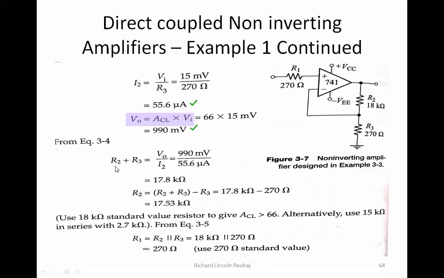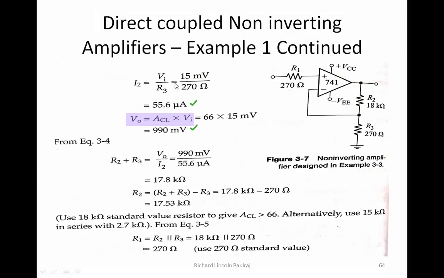Okay, so we know that R2 plus R3 is equal to the output voltage divided by the current that is coming through. So we have 990, and I2, the new updated I2, is 55.6 because of the updated resistor value. 270 we get as a standard value, we don't get 300 ohms. Of course, we can put it in series, but we do not want to complicate things.